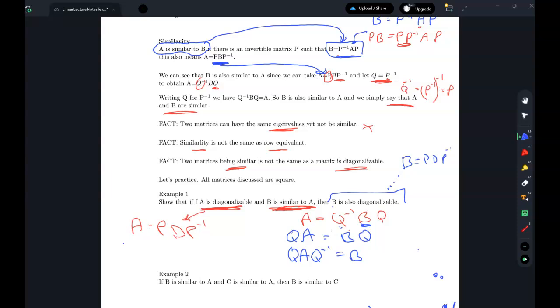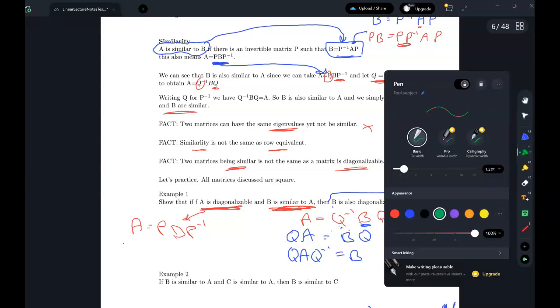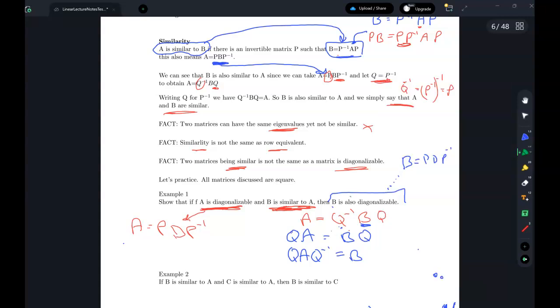I'm trying to show that B is diagonalizable. In order for B to be diagonalizable, I've got to get the D in the middle there, right? So to get the D in the middle, how about if I replace A with this?